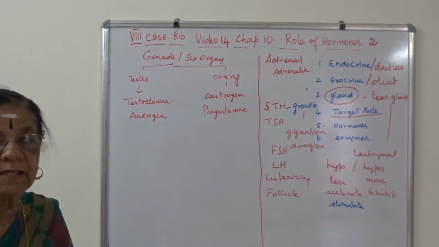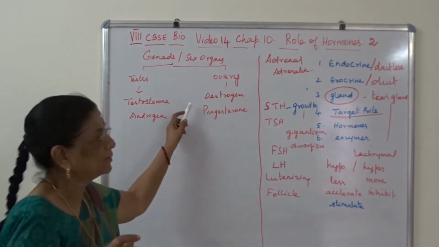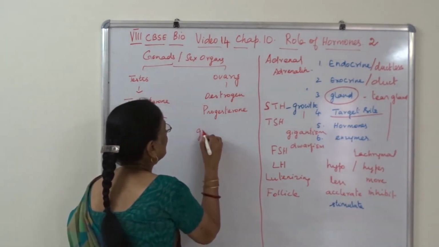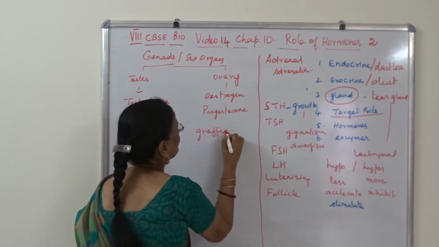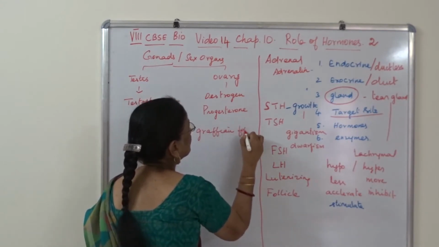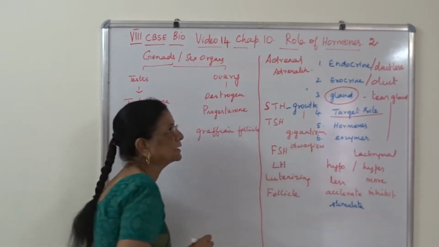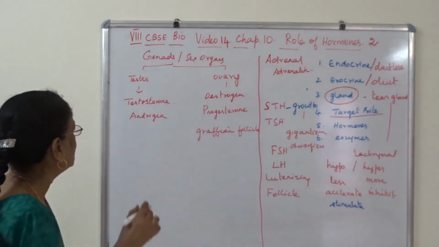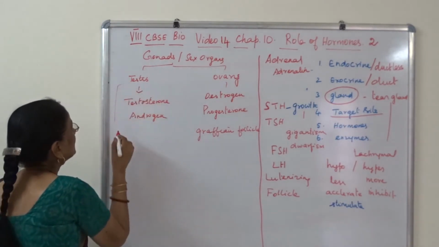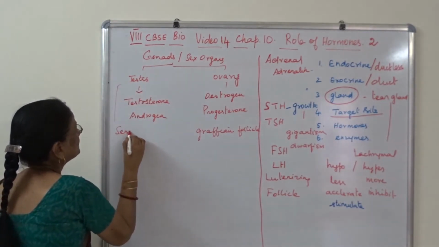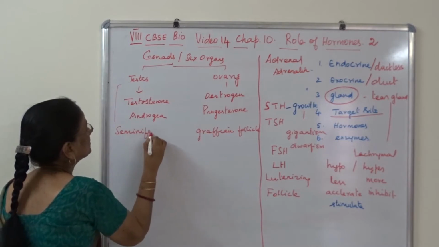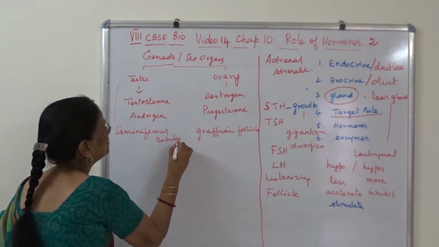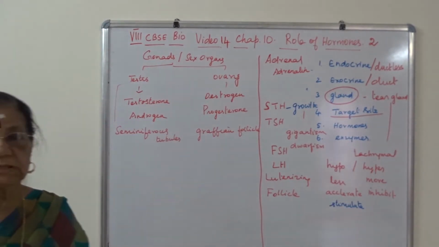Why do we say? Because in female, ovary is formed of numerous Graafian follicle. Same way, this testis is formed of seminiferous tubules.